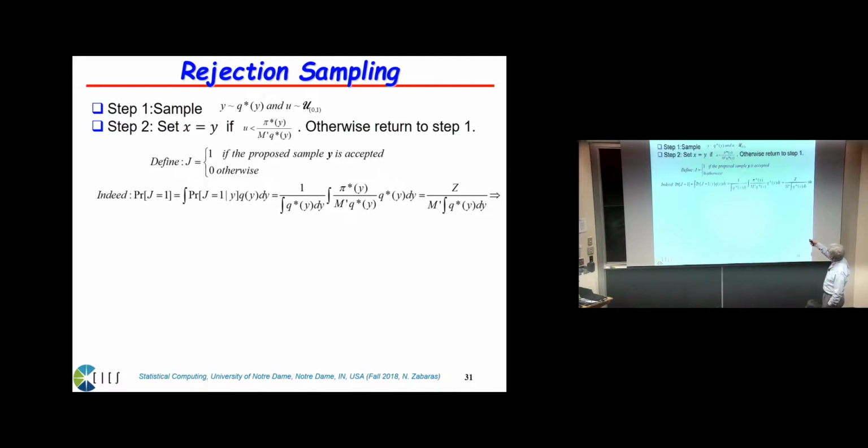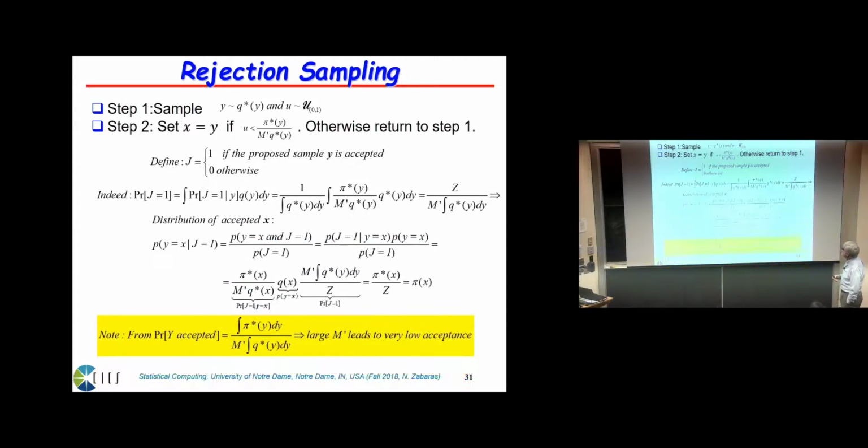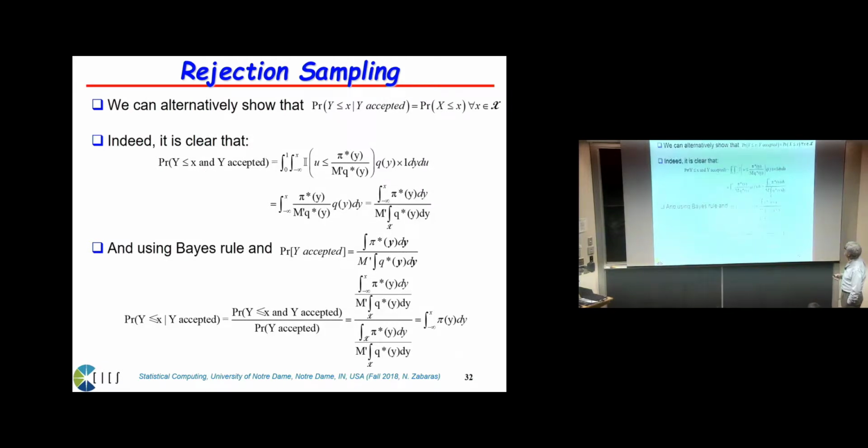So this is the probability of acceptance, and I write q of y as q star divided by the normalization factor of q star. So this and this cancel, this and that will give you z, you have m prime, and then you have this, okay? So the probability of acceptance, remember, is the ratio of two normalization factors, and on the denominator you have m prime.